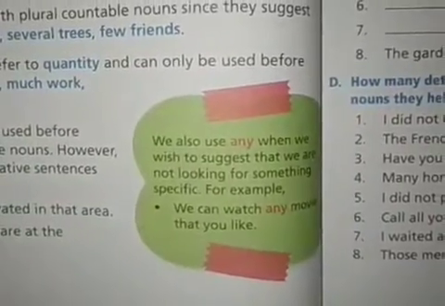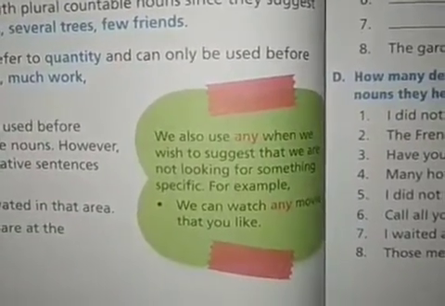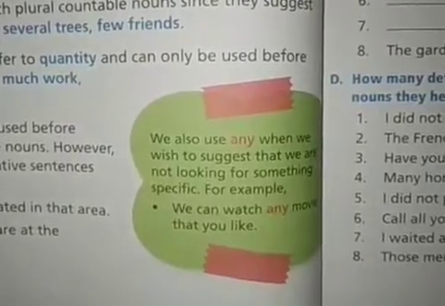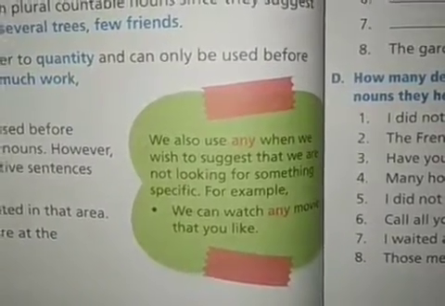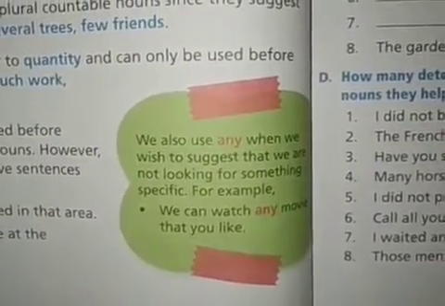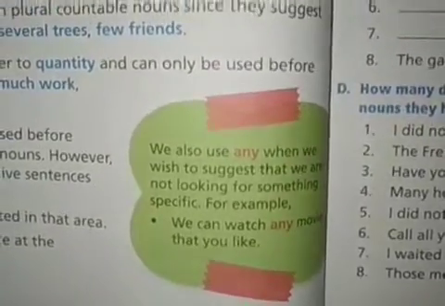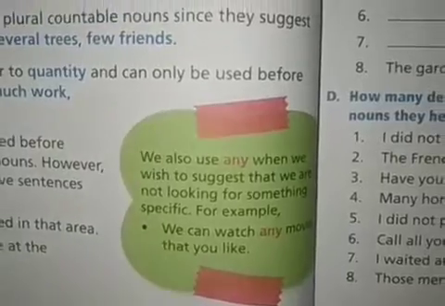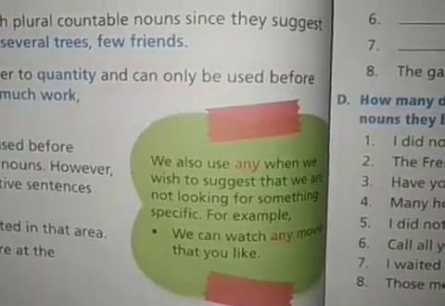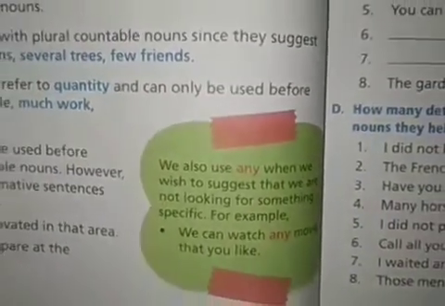We said that we can watch any movie. So are we talking about any specific movie? No, we are not. Any movie we can watch, right? So in these types of sentences in which we don't speak about any specific thing, we can use any in the sentence. Okay, any movie, any with the noun movie.